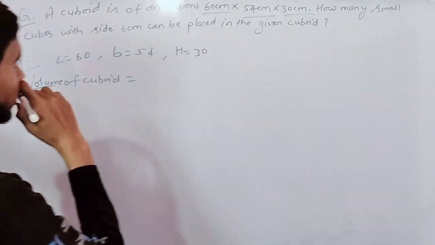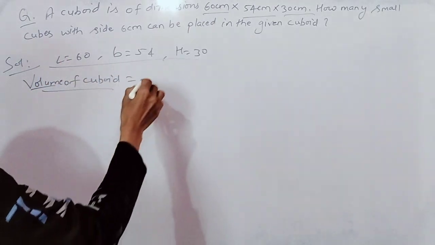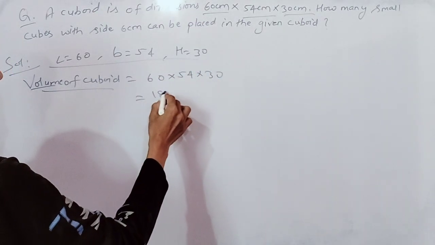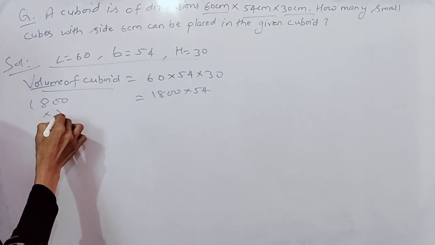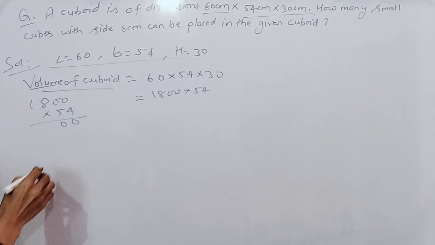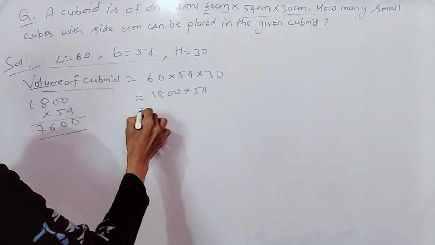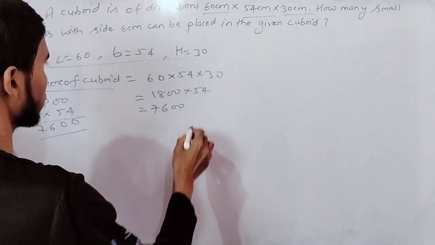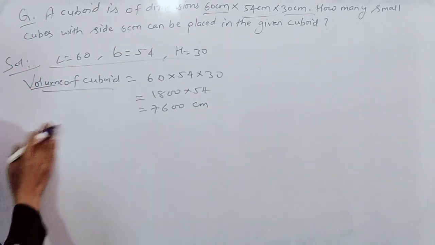Let's see what is the volume of the cuboid. 60 multiplied by 54 multiplied by 30 is 97,200 centimeter cube.